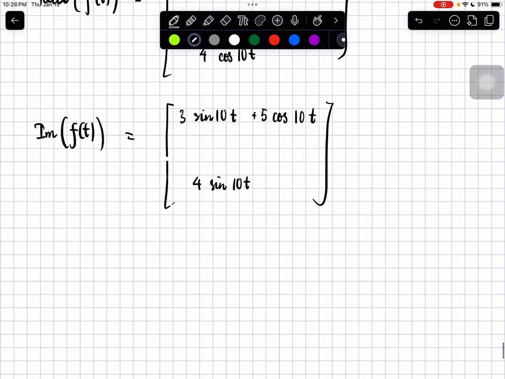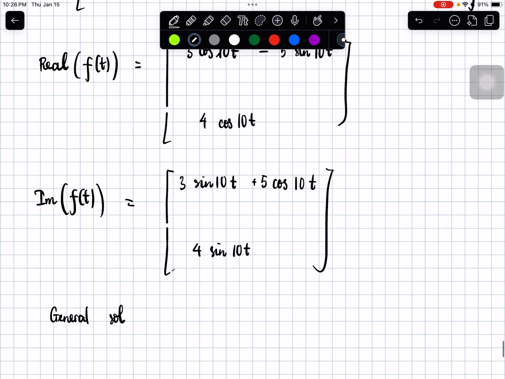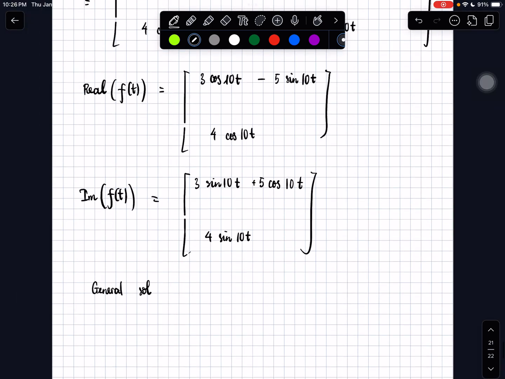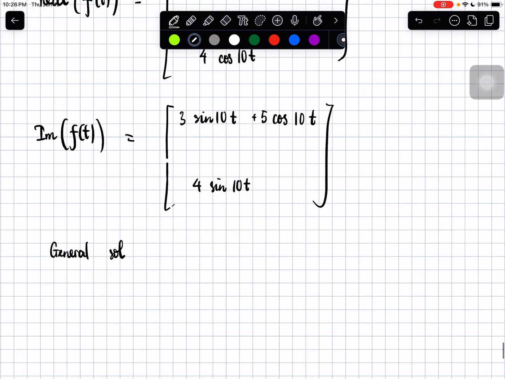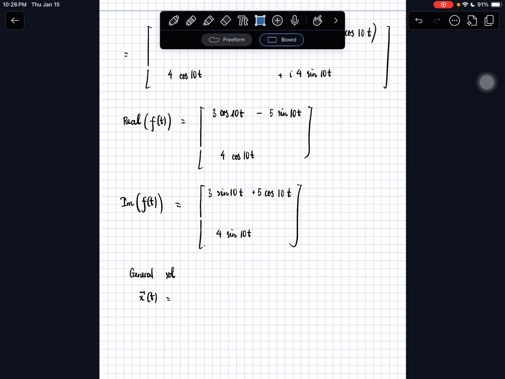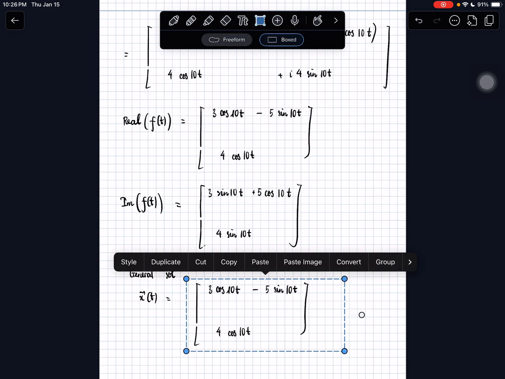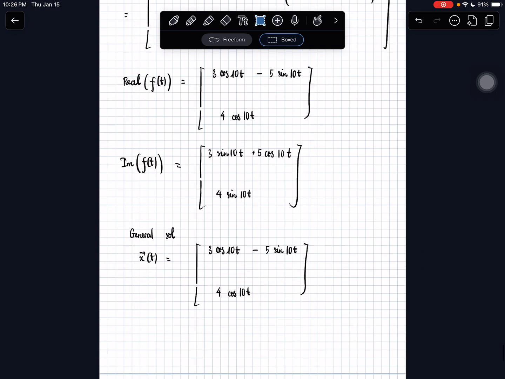So the general solution is a scalar times the real part plus another scalar times the imaginary part. x(t) equals c1 times this one plus c2 times the other one.